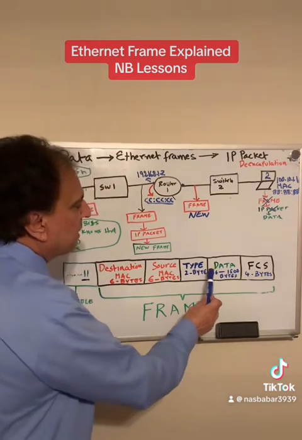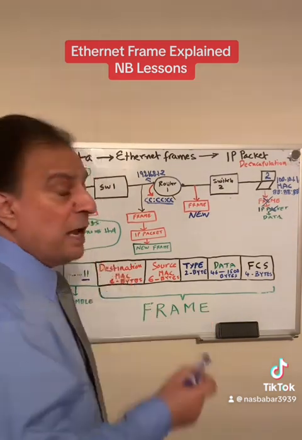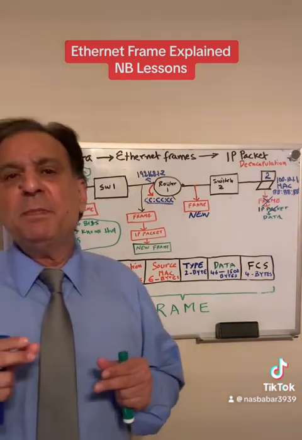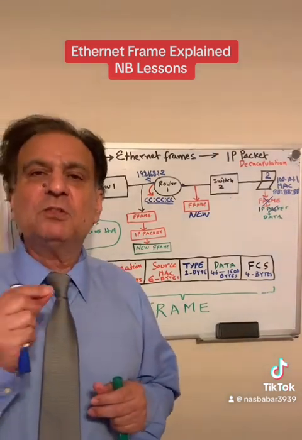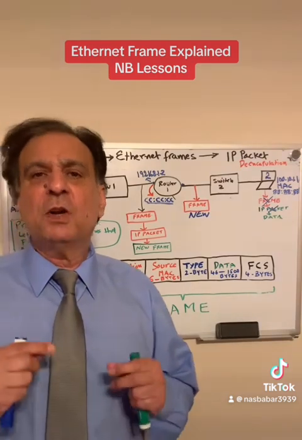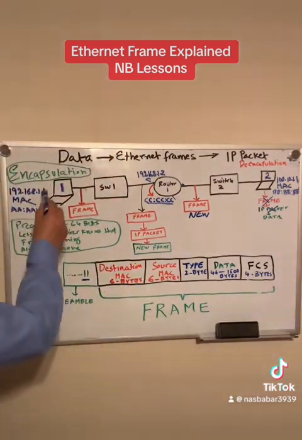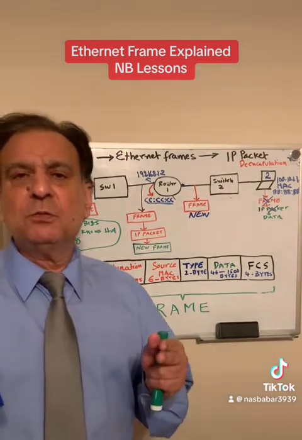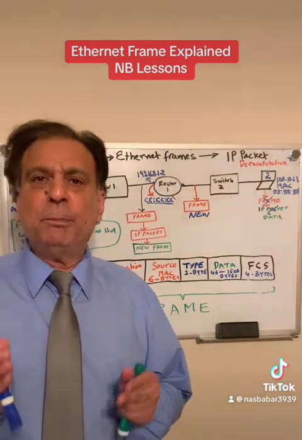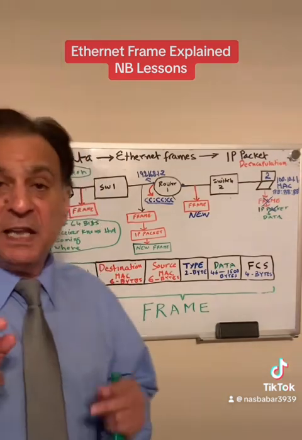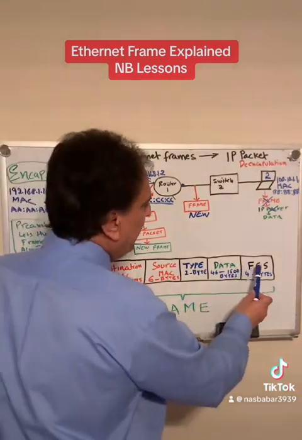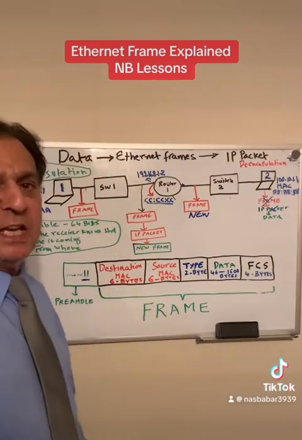Minimum is 46, all right? So what happens if a sender is sending an IP packet which is less than 46 bytes? What happens is that the NIC card on laptop 1 will add some zeros to make it 46 bytes, and that action is called padding. So keep that in mind. That's an exam question.